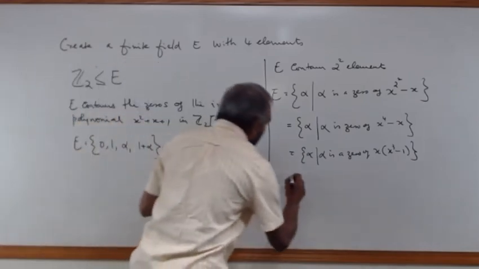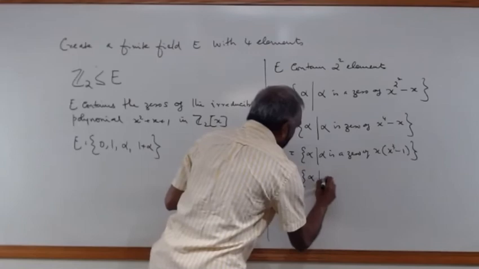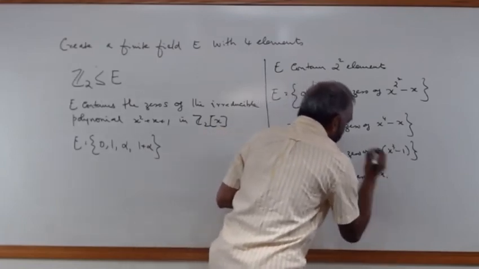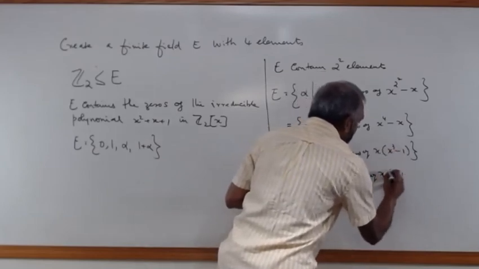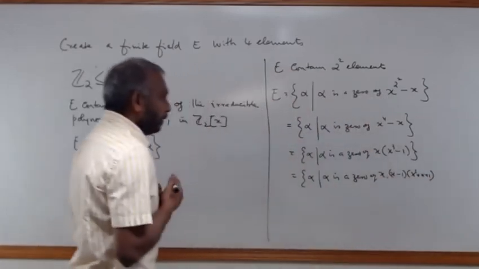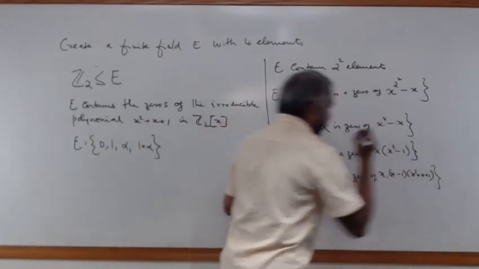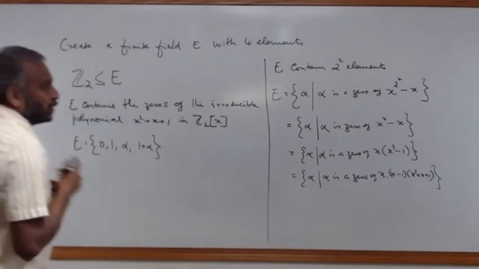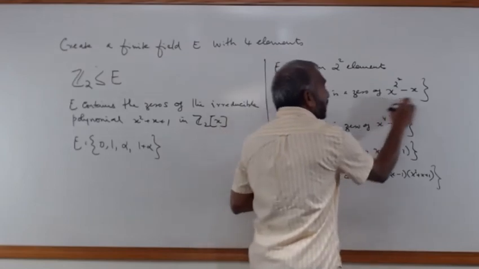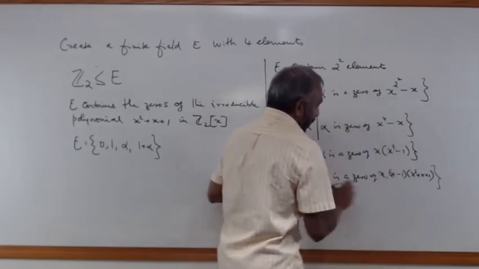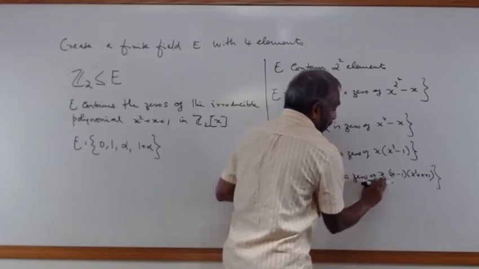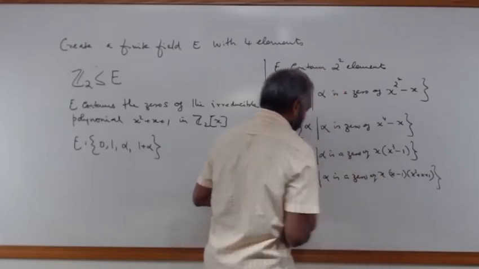And that you can write as alpha is a 0 of x times x minus 1 times x square plus x plus 1. It doesn't say that this has to be irreducible. Actually it is not, because it reduces to polynomials of lower degrees here.